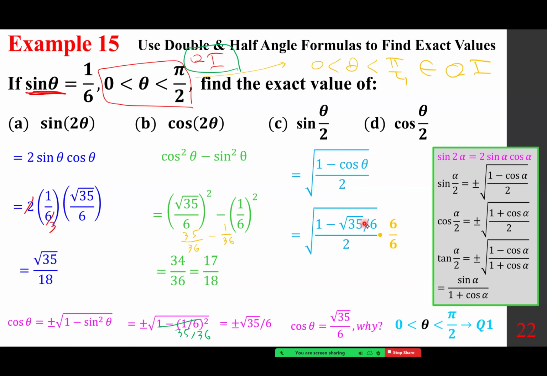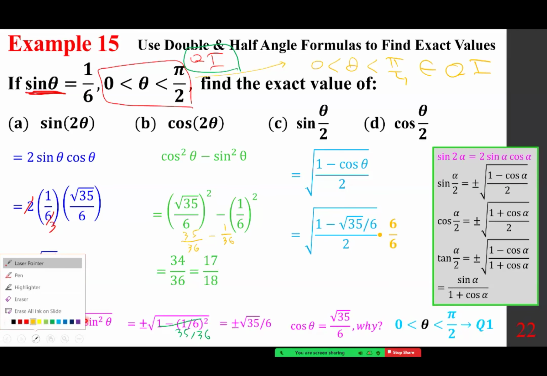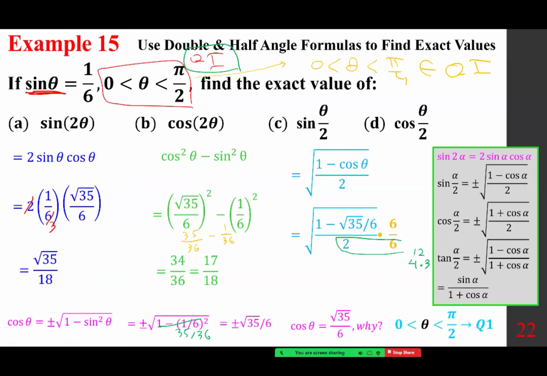This way, the numerator becomes 6 minus square root of 35. The denominator becomes 12, which is 4 times 3. 4 comes out as 2.